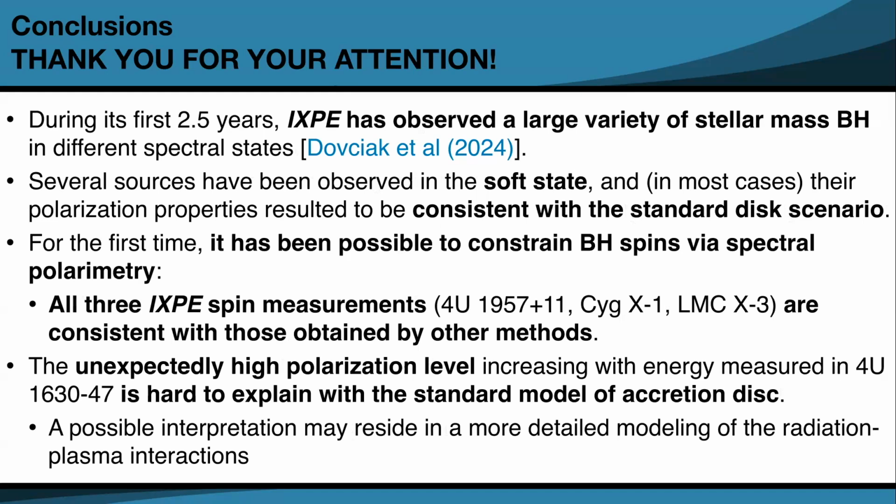Sorry, I'm not a specialist of the topic, so maybe the question is not very relevant. But first of all, thanks for the seminar. You said that the distance to the source is at most unknown by a factor of 3. How does this affect your modeling? For instance, does the black hole mass depend on your knowledge of the distance?